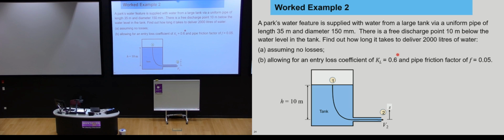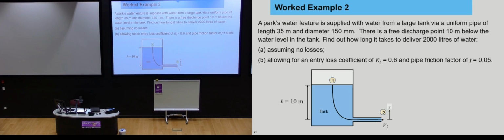There is a free discharge point 10 meters below the water level of the tank. Here's 10 meters, and here's the free discharge point. Find out how long it takes to deliver 2,000 liters of water. In case A, assuming no losses, and in case B, allowing for an entry loss coefficient, KL, of 0.6, and a pipe friction factor F of 0.05.